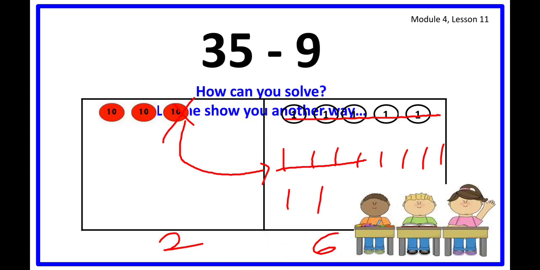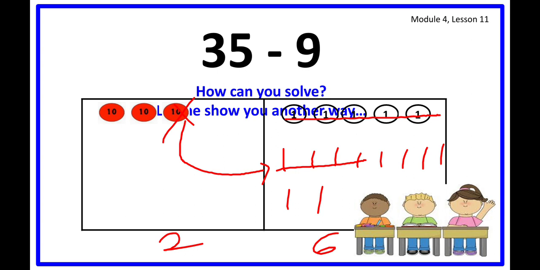All right, how can you solve? Show in another way. Now, these are place value charts. 35 minus 9. The 3 tens are represented in the 10 side. We have 3 tens, and in the 1 side we have 5 ones.